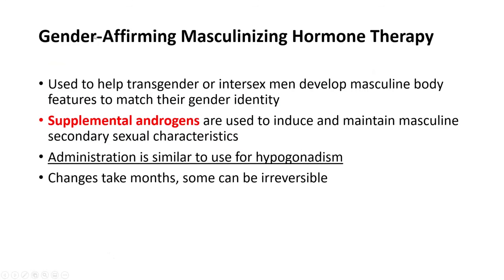And finally, gender-affirming masculinizing hormone therapy, which is basically the use of supplemental androgens to induce and maintain masculine secondary sexual characteristics. Administration is similar to that used for hypogonadism.